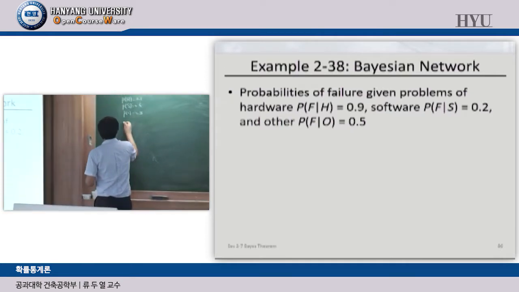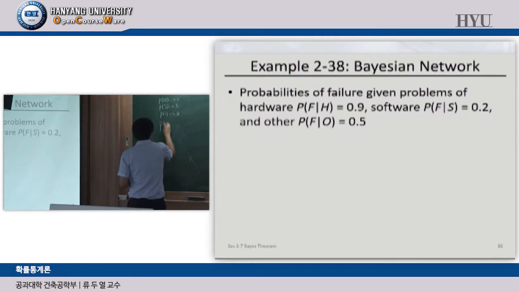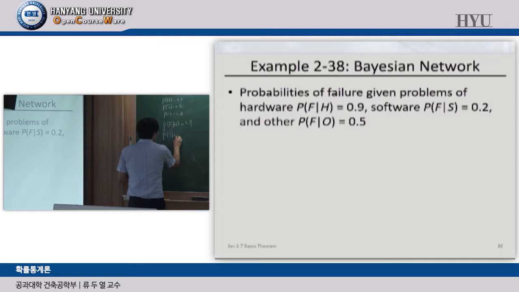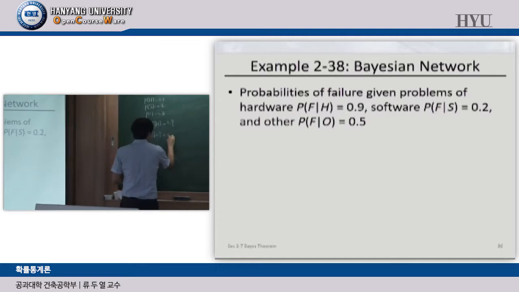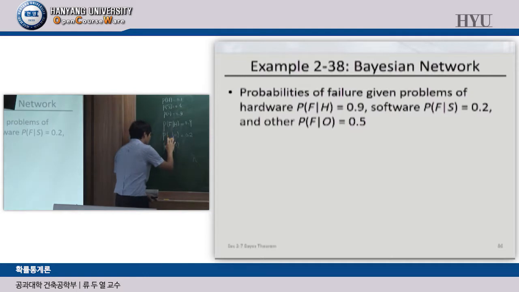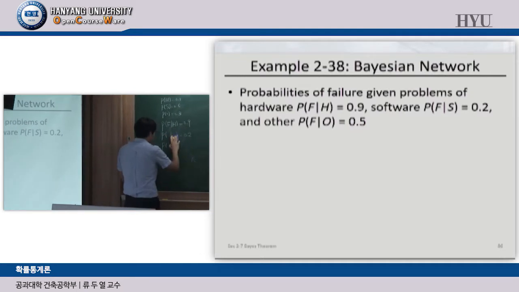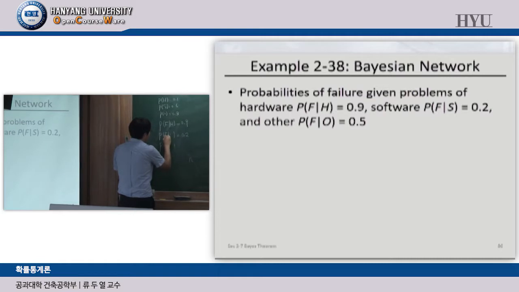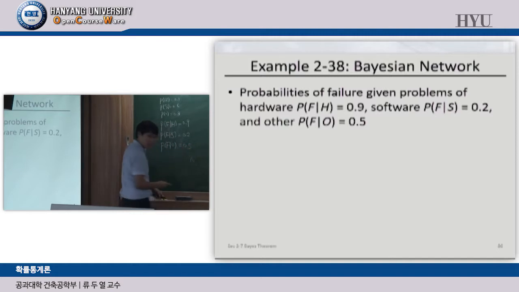So we have three other definitions: the conditional probability of failure given the problem of hardware is 0.9, for the case of software it is 0.2, and for the case of other, F given other equals 0.5.